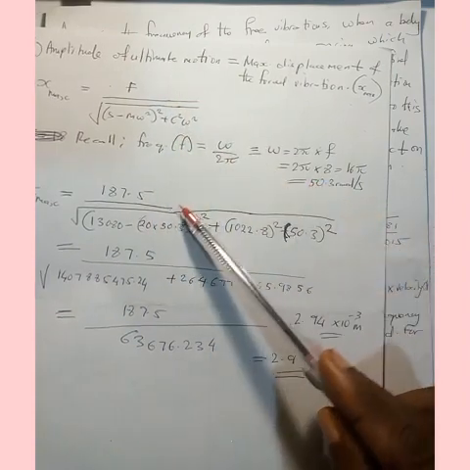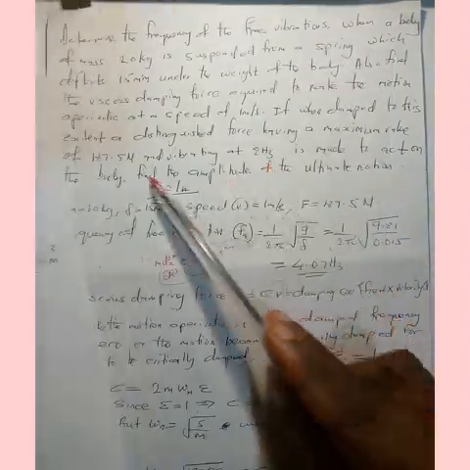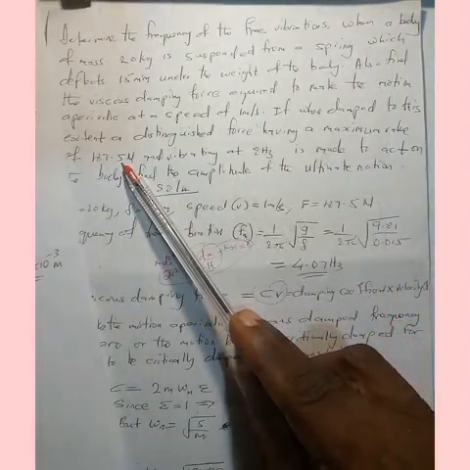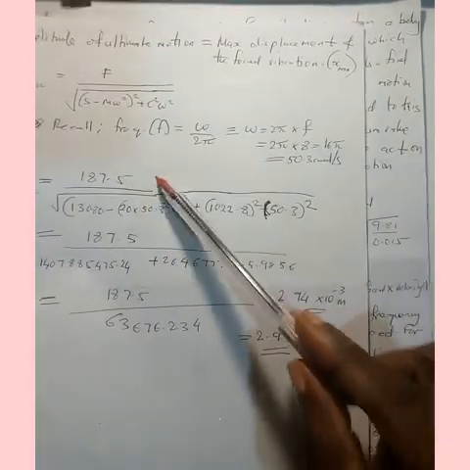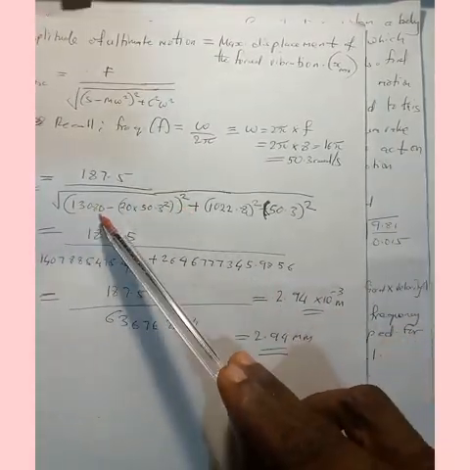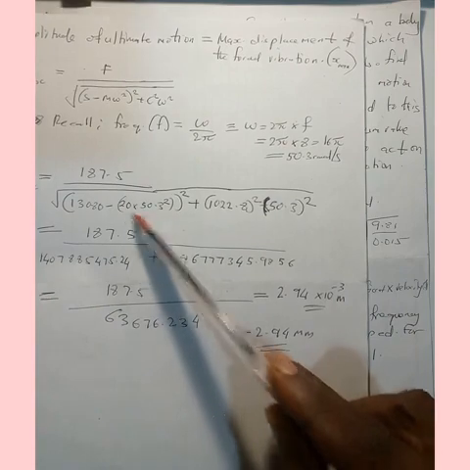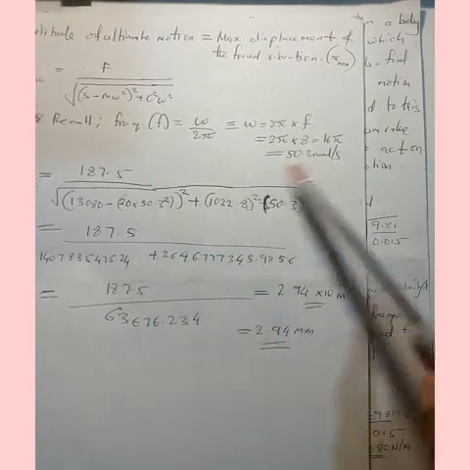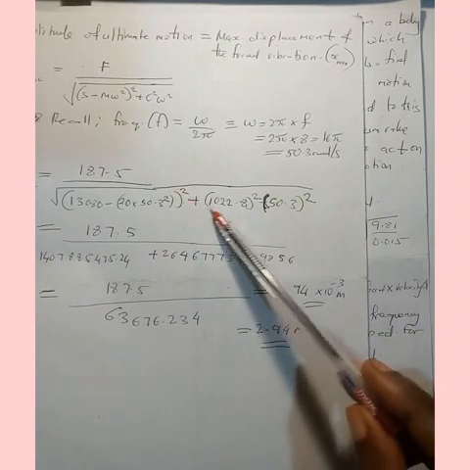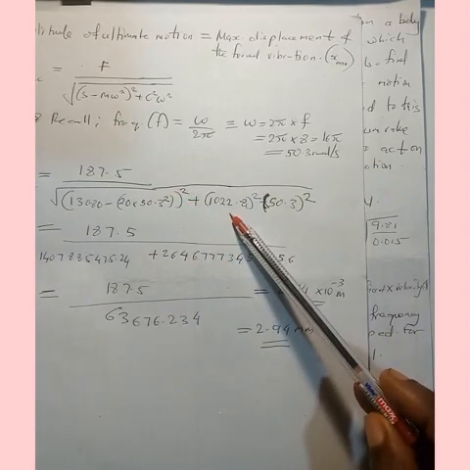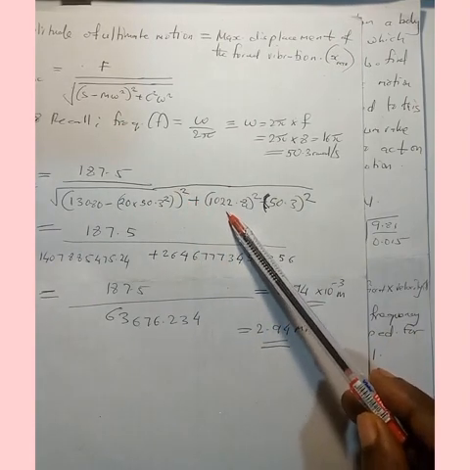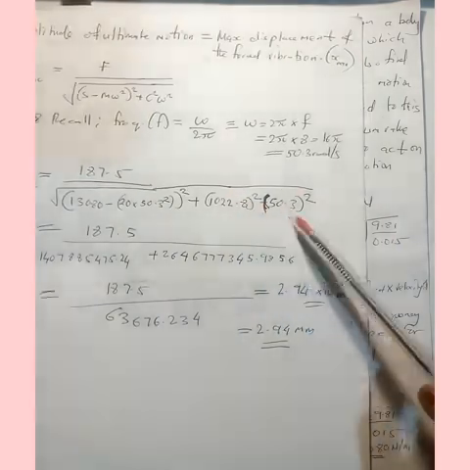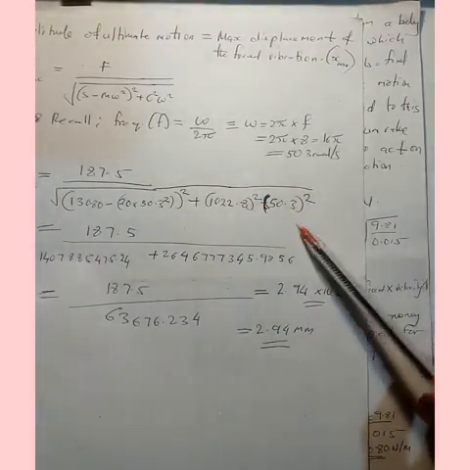Force has also been given from the question as 187.5 Newton. So put that, then bracket S minus 20 multiplied by 50.3 squared, which we just got. That's our ω, everything squared, plus c squared, bracket again 50.3 squared.